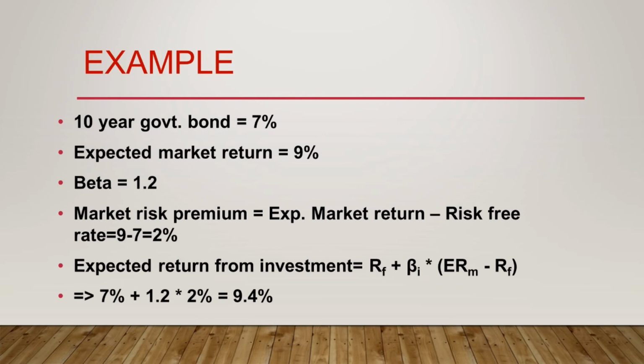In simpler words, we are taking into consideration the risk-free rate and adding the beta value into the market risk premium. So we got 7% plus 1.2 into 2%, that is 9.4% as our expected return from the investment, when the government bond was yielding 7%, the expected market return was 9% and the beta value was 1.2. So this is the expected return from our investment. It's quite good. It's 9.4%.